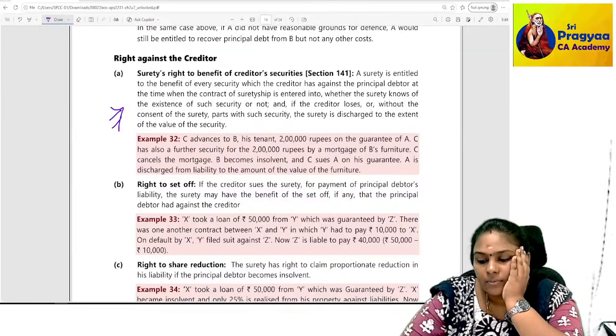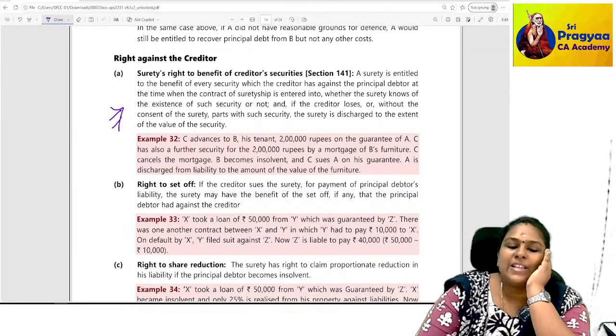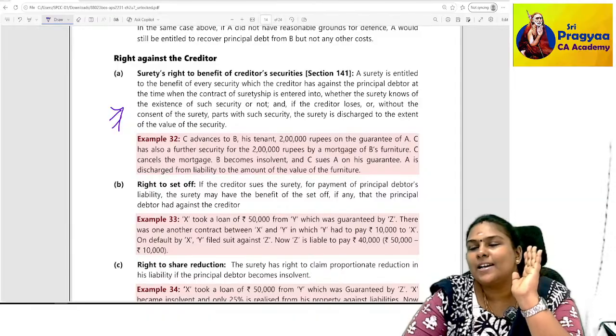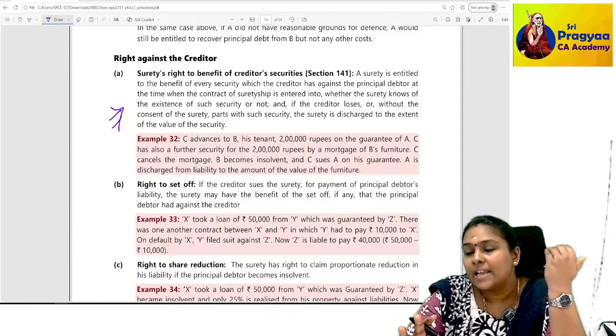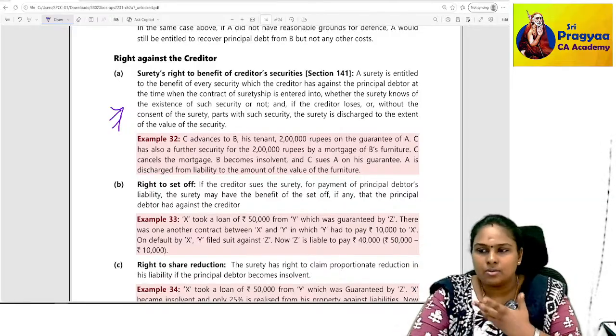Have you done? Have you understood that? Now it means what? Whatever security the creditor had, that has to be given to whom? The surety. It is his right to give and it is my right to receive.